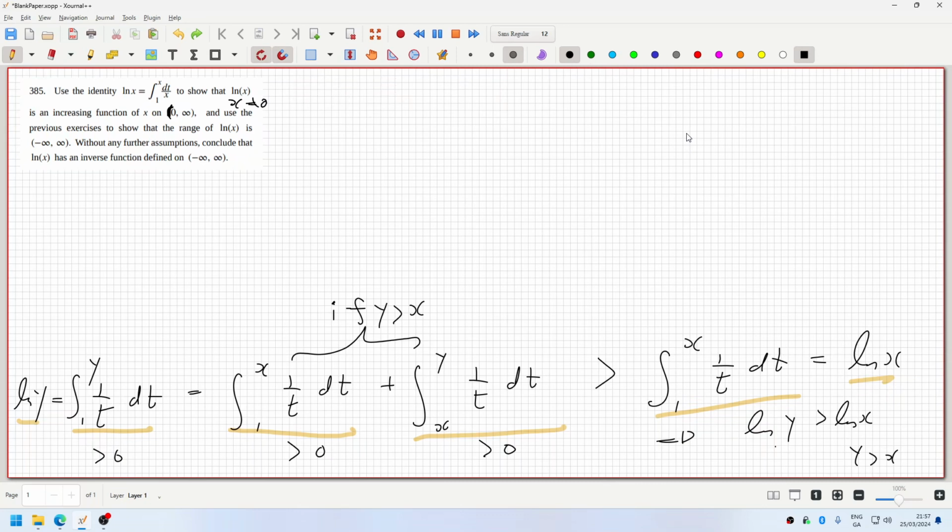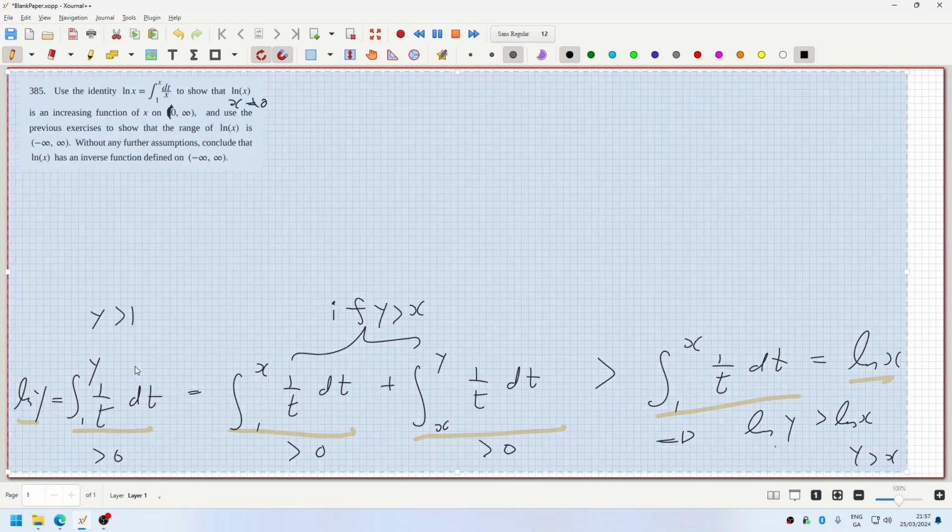And I realized that this proof only works if y is more than 1. So now I don't like it so much. I need to try something different.